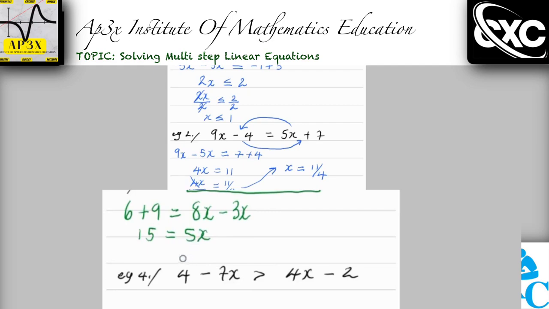Again, we are back to the same situation, splitting the product. So we're going to say 15 divided by 5 is equal to 5x divided by 5, and so 5 cancels 5, therefore we end up with 15 divided by 5 is 3, and 3 is therefore equal to x.